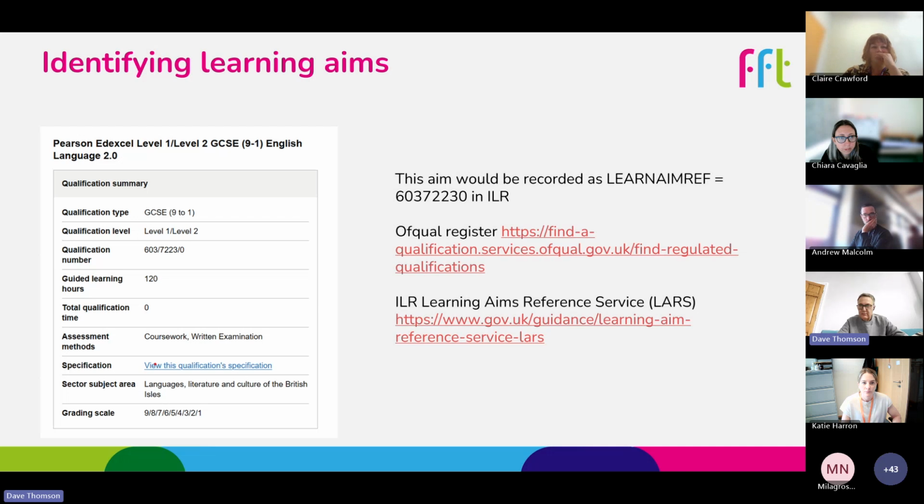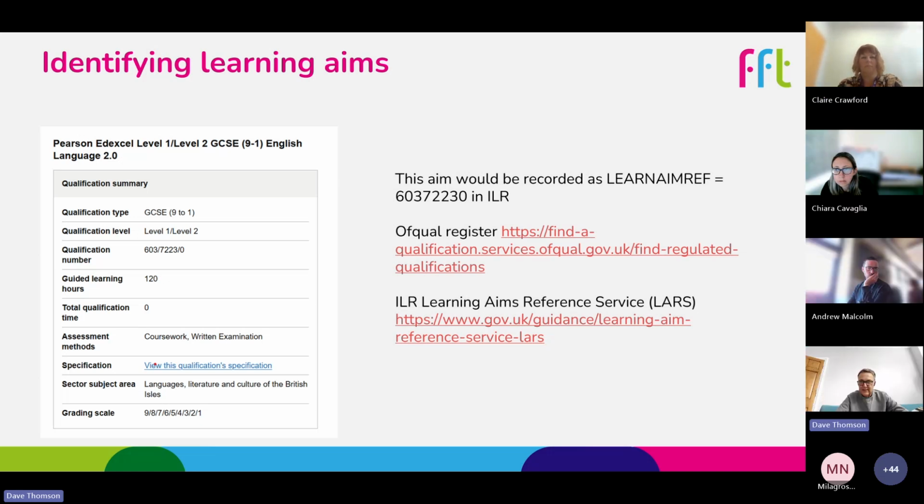Learning aims are referenced by something called Learn Aim Ref. Here's an example, 60372230. If we were to type that into the Ofqual register of accredited qualifications, it would return the table on the left, which tells us it's a GCSE in English language, and it's often offered by the Edexcel awarding body.